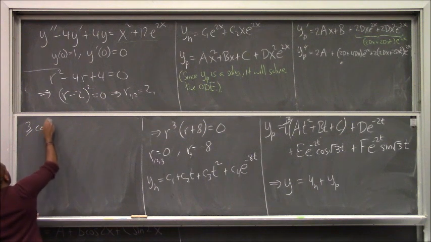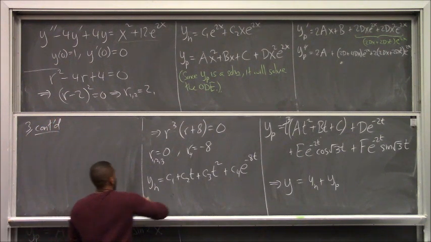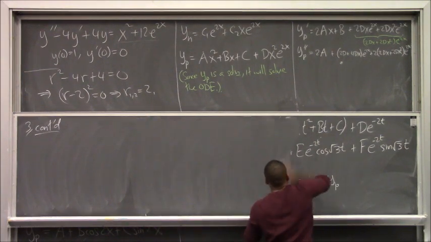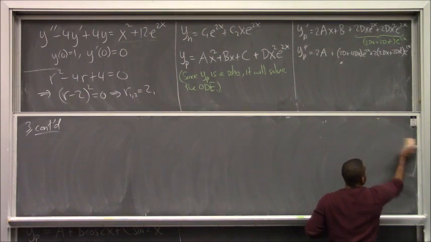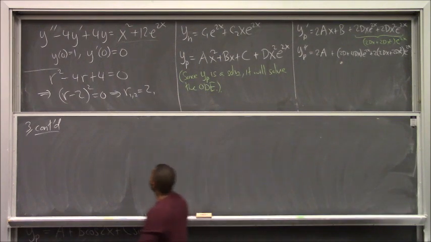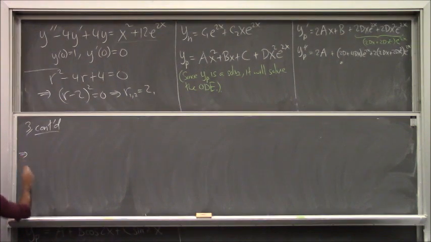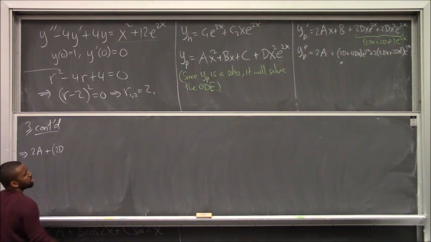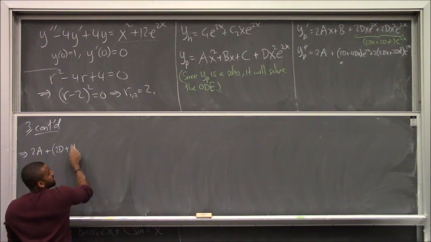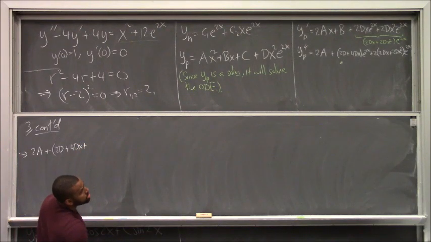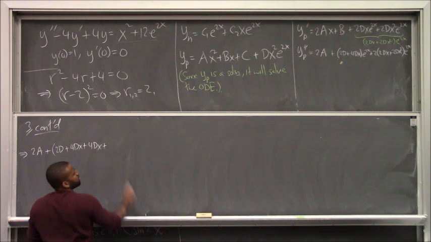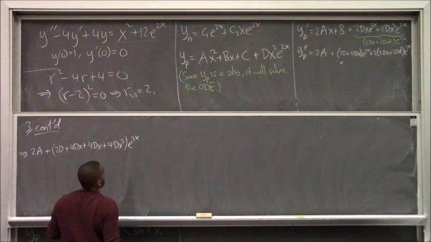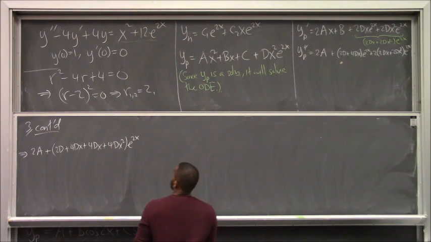We are going to just plug it into that equation and see what A, B, C, D need to be to solve that equation. So we are going to have 2a plus 2b plus 4dx plus 4dx plus 4dx squared, times e to the 2x, and that's my y double prime.